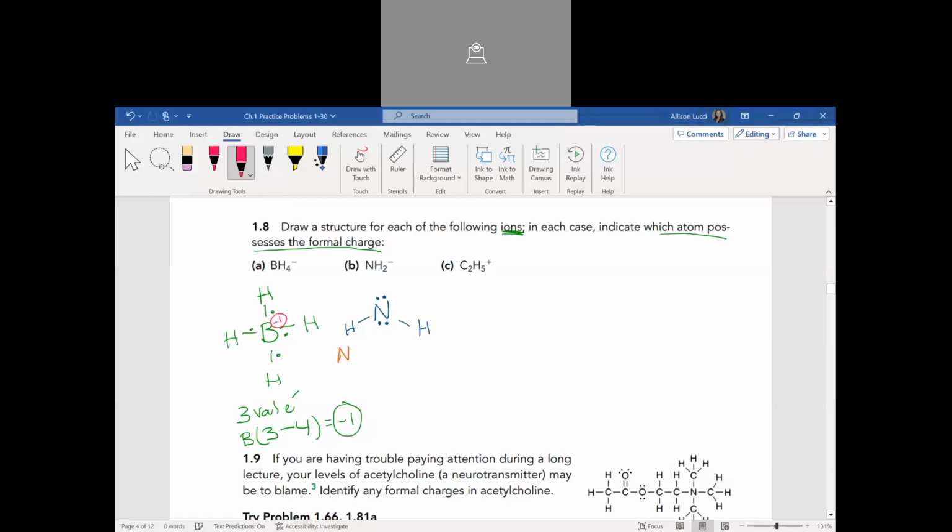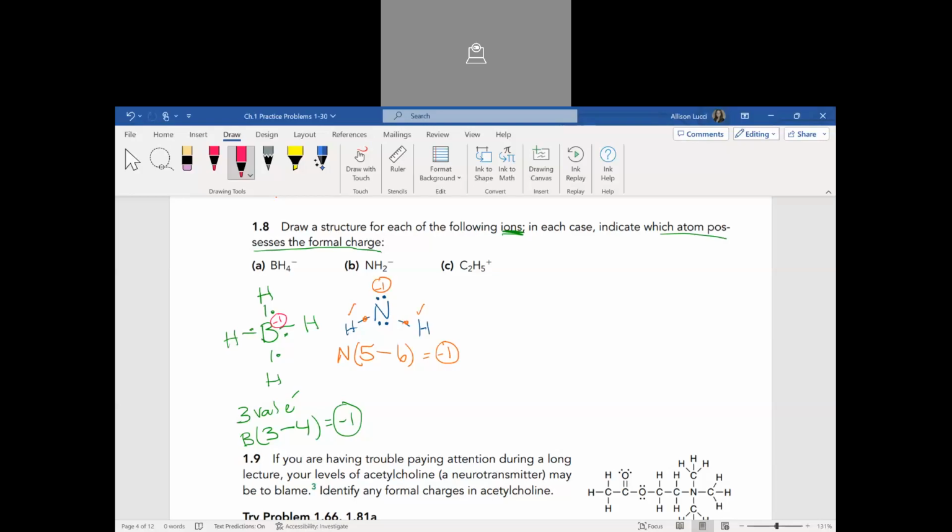So nitrogen's formal charge would be 5 minus 4 valence electrons in the 2 lone pairs, and then plus the 2, one from each of these nitrogen-hydrogen bonds. So we end up with a formal charge of -1 that will go on the nitrogen. Each of the hydrogens, we know, only form 1 bond, so they're neutral.